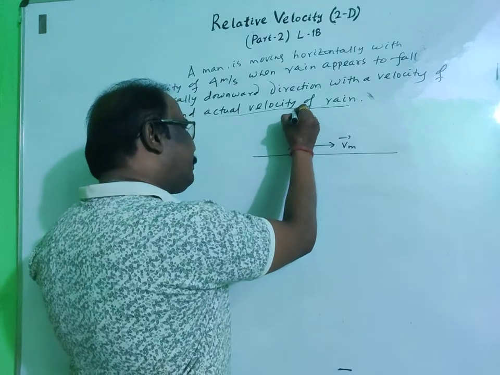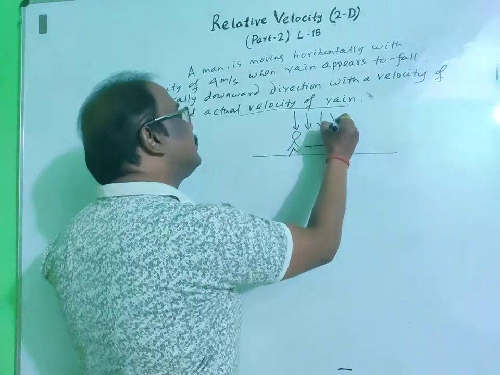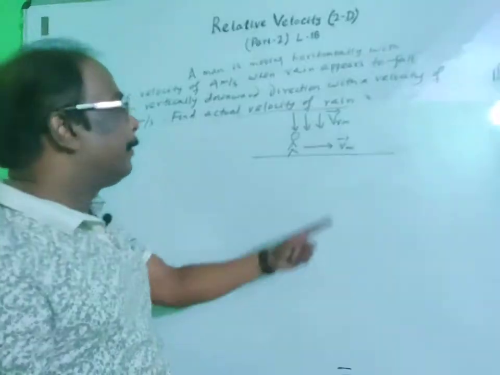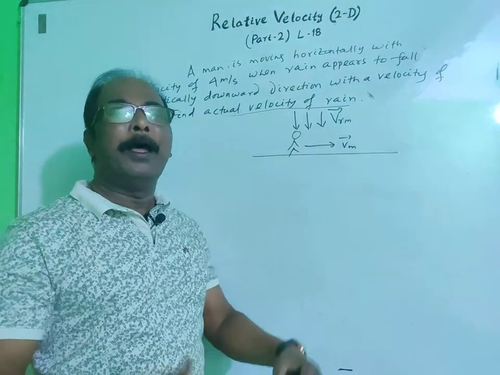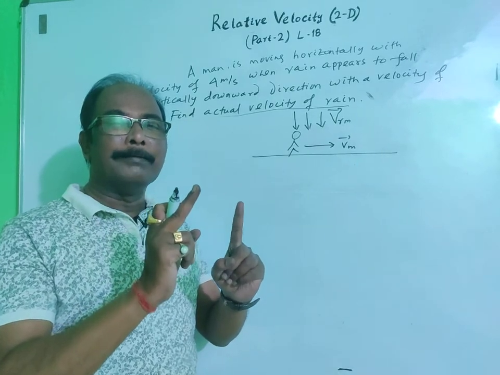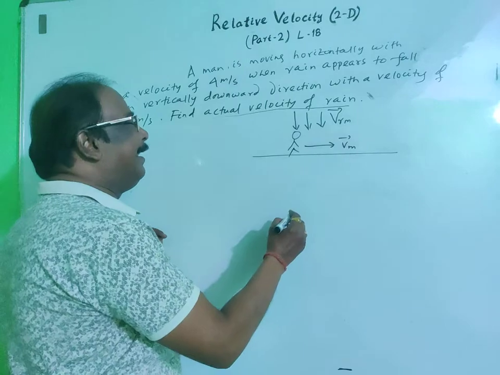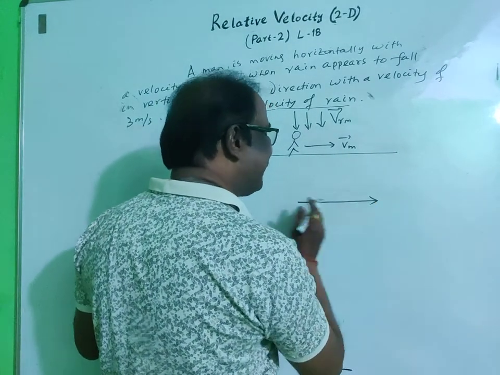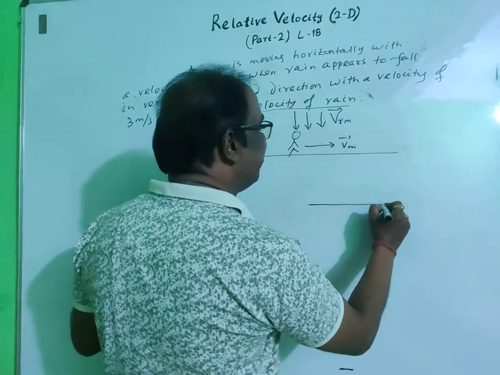Rain appears to fall in vertically downward direction, means this is VRM. Then we have to find what is actual velocity of rain. See, man is moving horizontally. Let's take along positive x-axis. This is velocity of man.